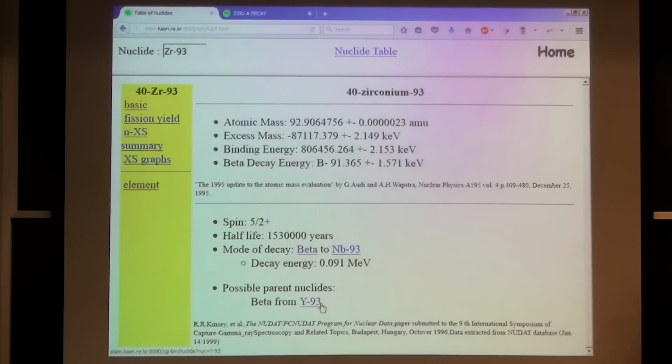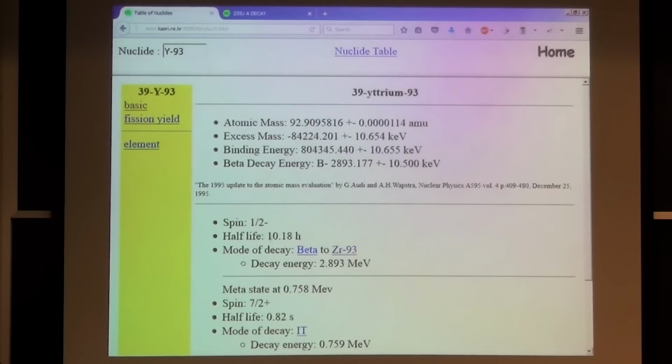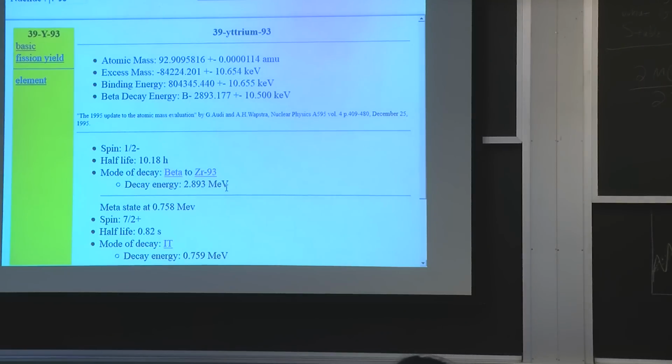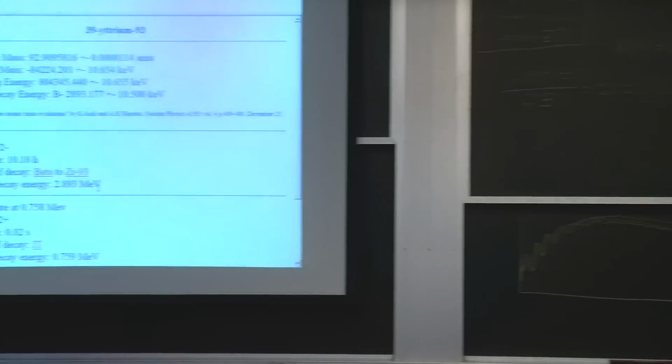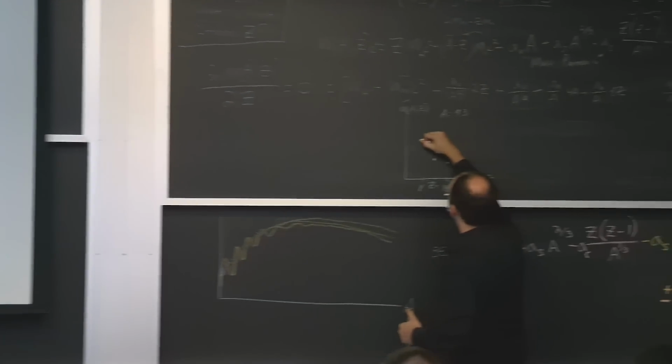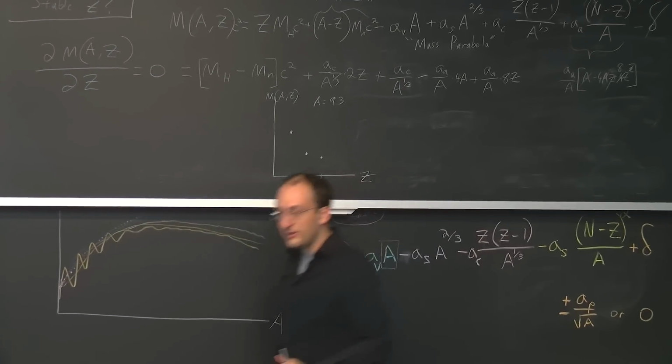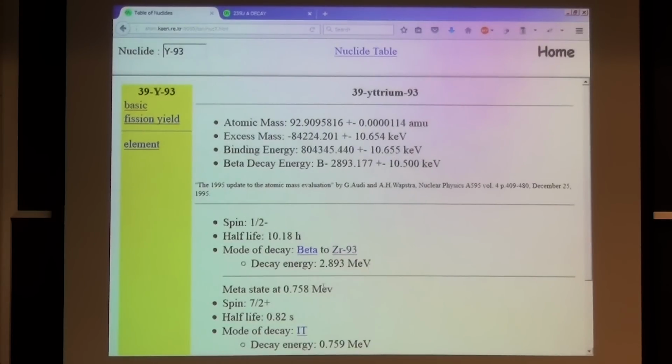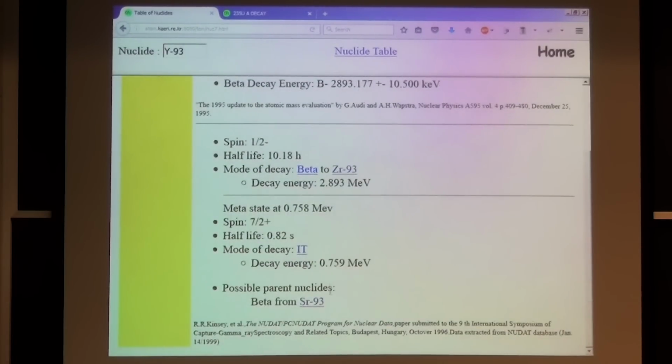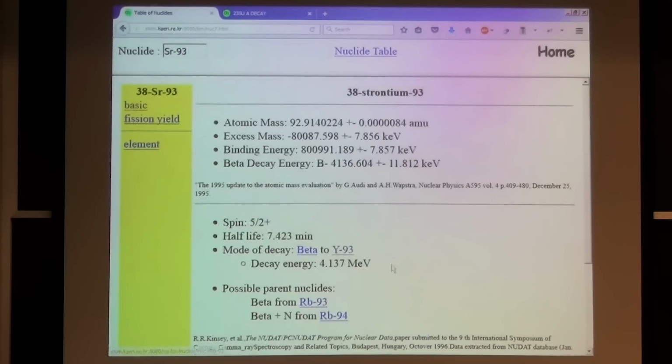Zirconium 93 could have come from the beta decay of yttrium 93, you can see right here. So let's go up the mass parabola and keep exploring. Now we see that yttrium can decay by beta decay with 3 MeV. So if we put yttrium on this graph, it would be way higher. Yttrium itself could have come from strontium 93 with a decay energy of 4.1 MeV.